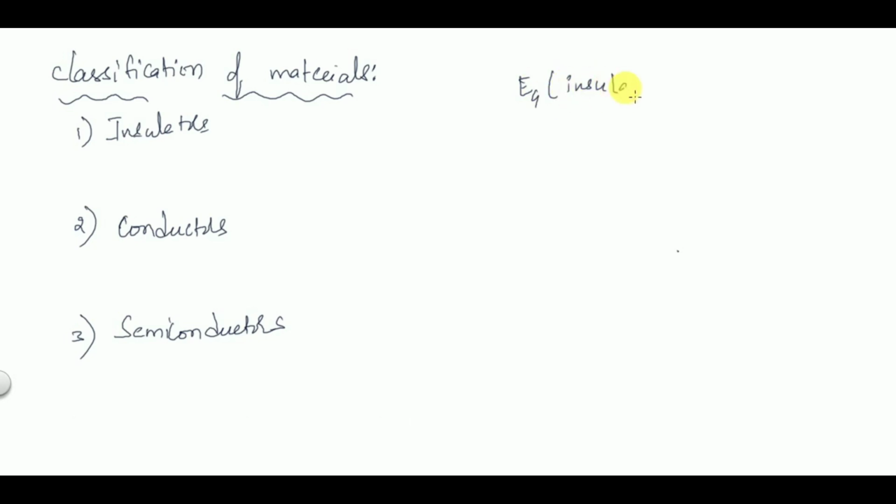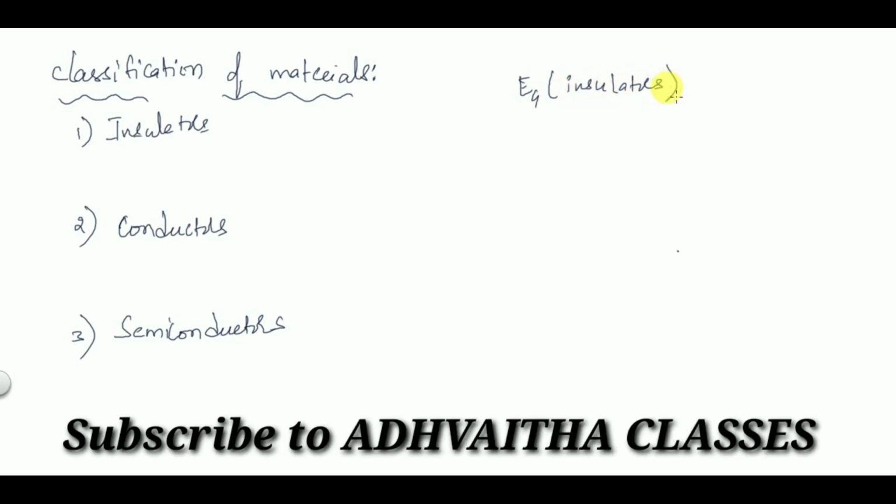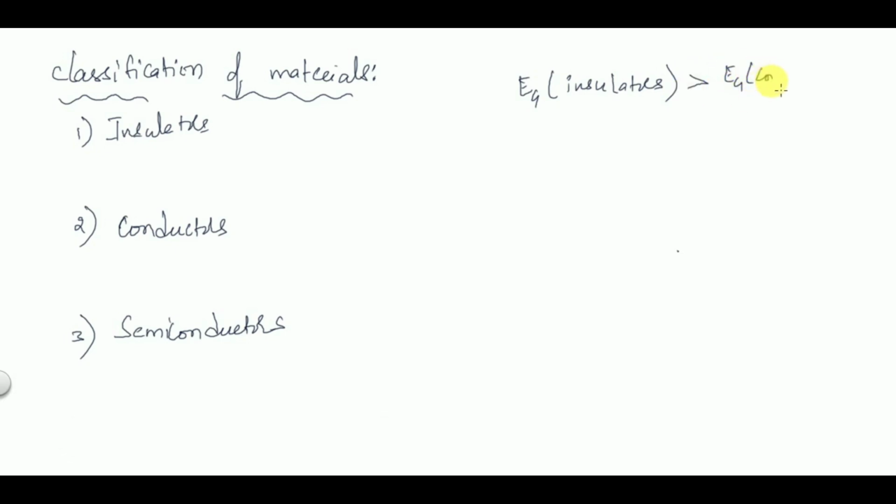The energy band gap is more in insulators when compared to conductors, and the energy band gap in semiconductors is greater than the energy band gap in conductors.